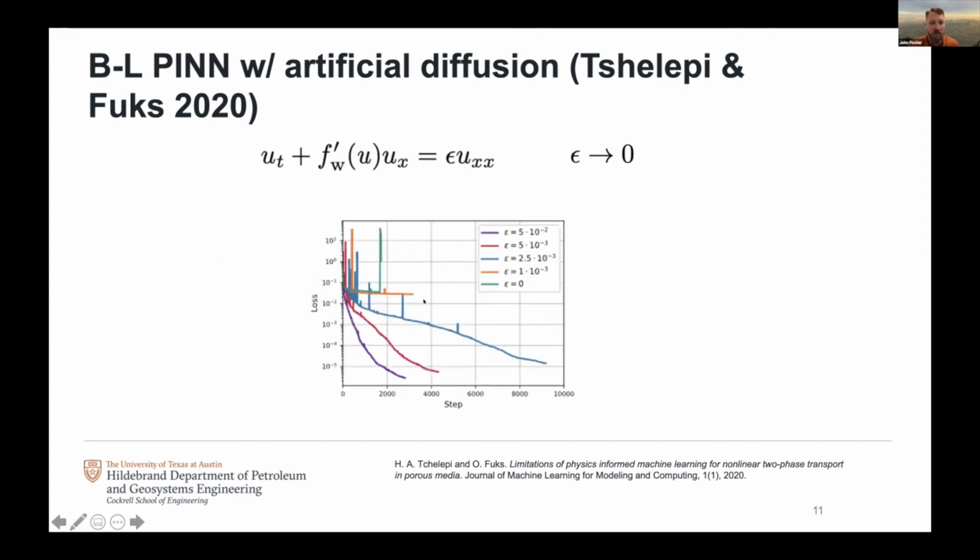And here are the loss functions over epochs of training of the neural network. They showed that for large values of epsilon, you could get very fast convergence. But for small values of epsilon, including epsilon equals 0, you get divergence or very stagnated convergence. And so this is the way that they chose to solve the problem.